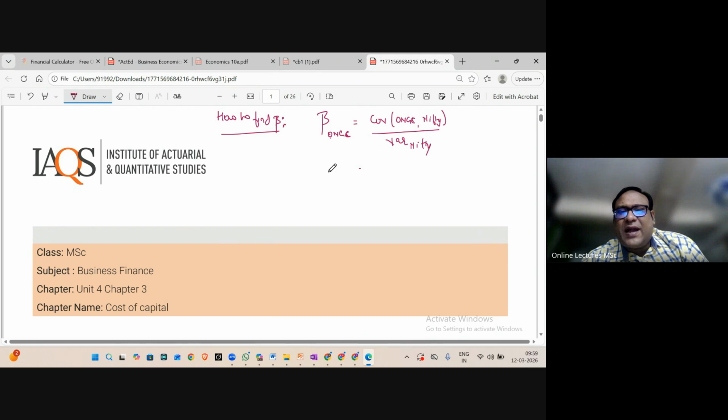In simple language, I'm trying to say beta of a security I should be covariance of that security I with market portfolio, the whole upon variance of market portfolio. This is a generic formula. As you remember, covariance of any two items is basically the product of sigma of that security, sigma of market, into the correlation coefficient of security and market.